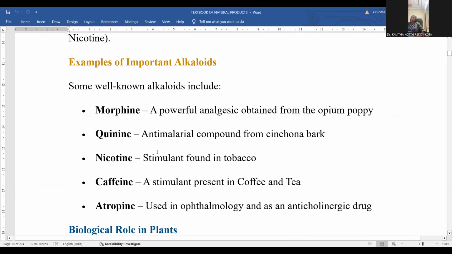Some well-known alkaloids include morphine. From the opium poppy, we are able to extract this morphine. It is a phenanthrene skeleton. It is a powerful analgesic agent able to relieve pain. Severe pains will be relieved by means of morphine, so it is a pain relieving agent extracted from the opium poppy.